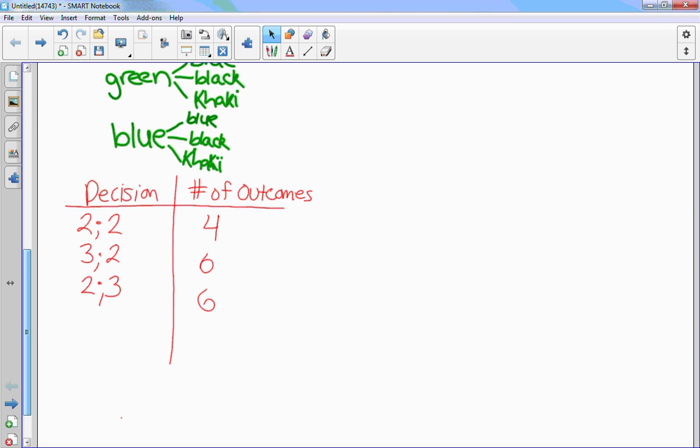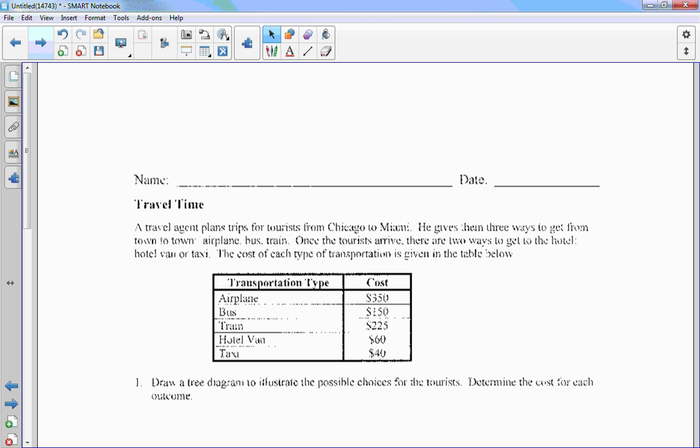Here's a stapler for you guys. Okay, take a stapler and pass it back. Oops, this is the homework, not the notes. Let me get the correct one out.